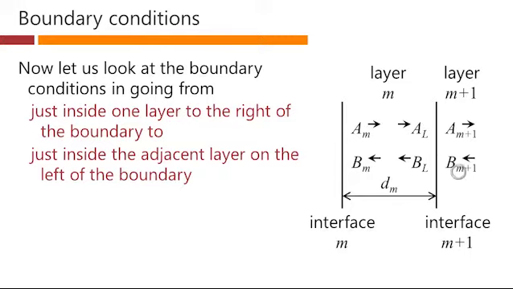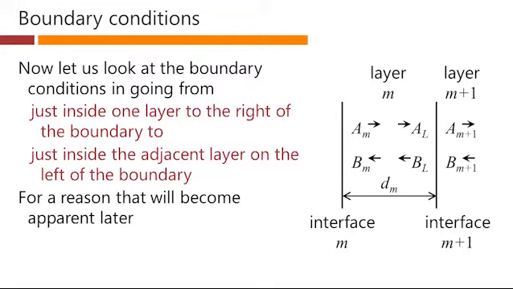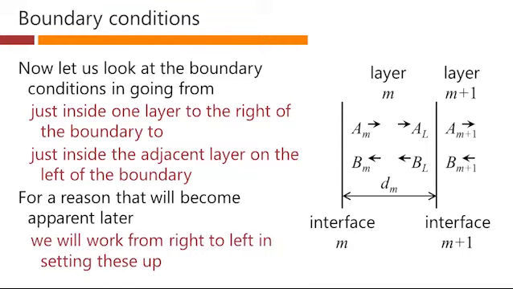And similarly, these are the amplitudes just inside layer m+1, just to the right of that interface. For a reason that will become apparent later, we will end up working in this problem from right to left. That might seem counterintuitive, but algebraically that will turn out to be more convenient for us.